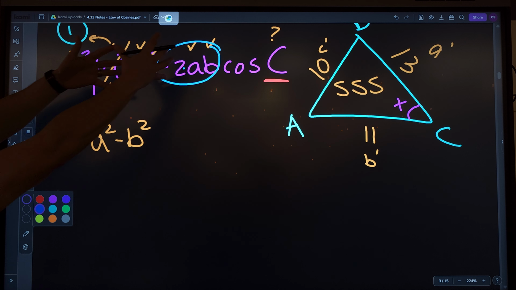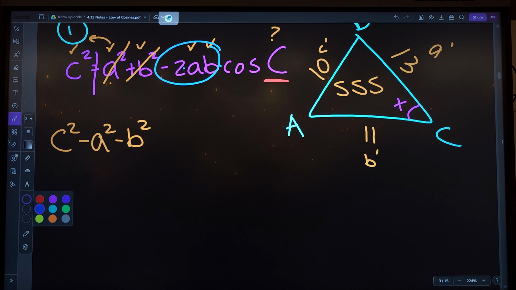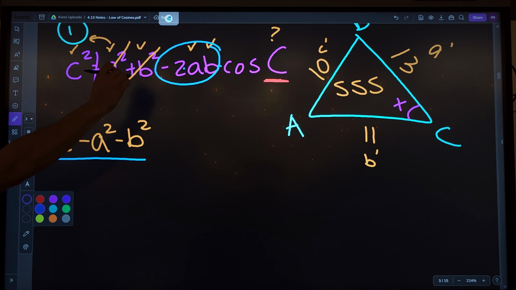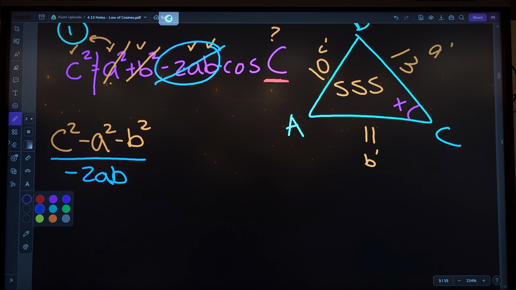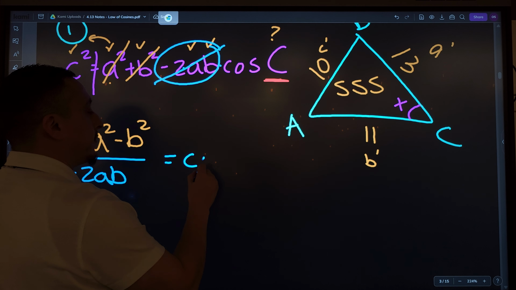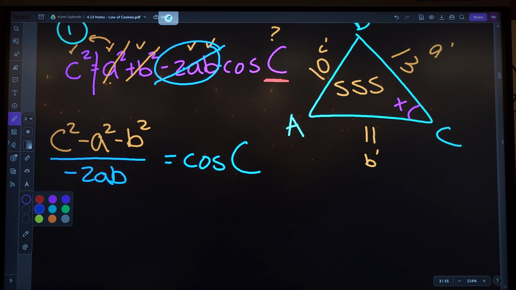So if I want to move this bubble over to the left, since it's multiplying, the opposite would be divide. So I'm going to divide both sides by that. When I do that, that cancels because I divided both sides by it. Now I'm here. Is everybody on the boat? Does that make sense, what I did there? Ethan? Good? Okay.